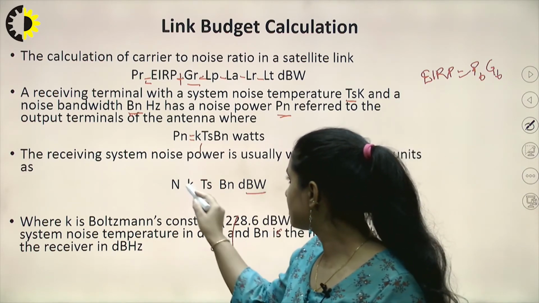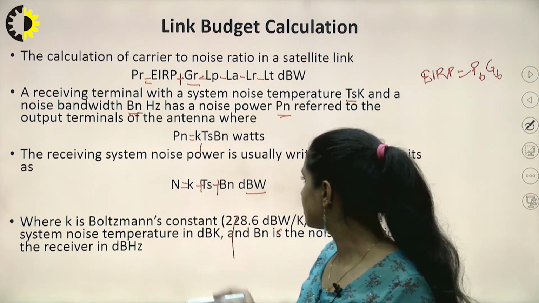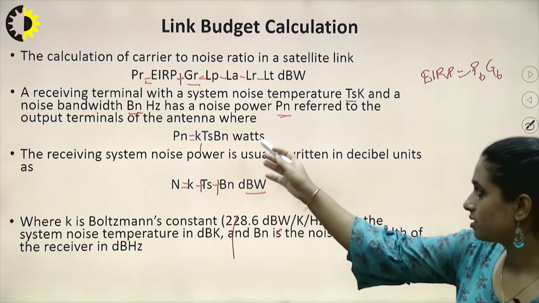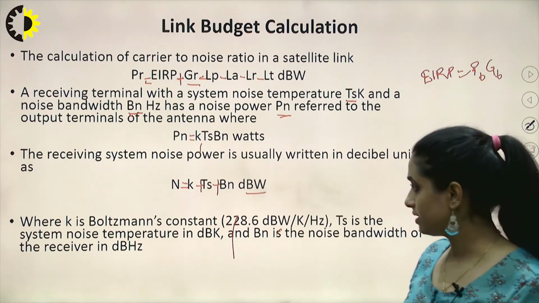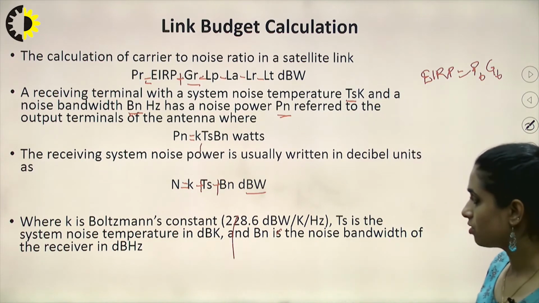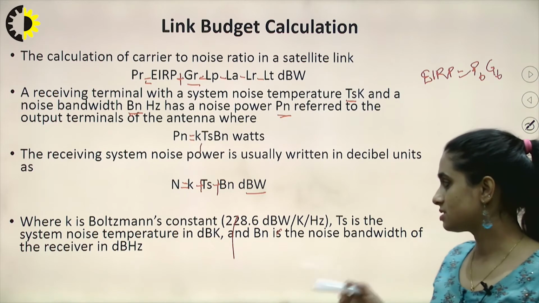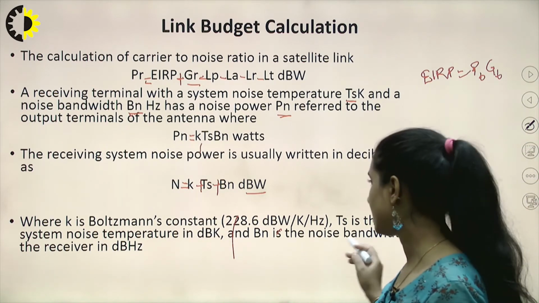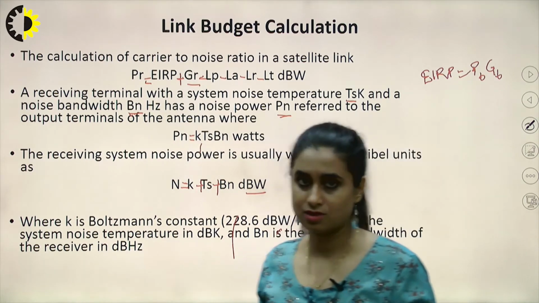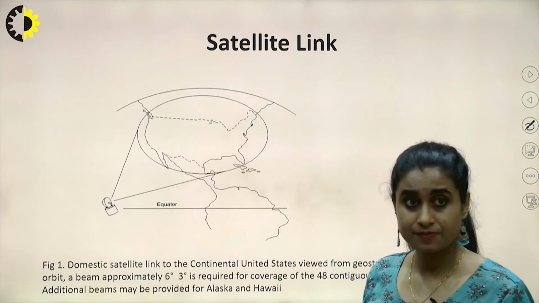And when we do it in decibel watt, we do it like this. Here it was in multiplication, we can write it in addition form. Here k is the Boltzmann constant in decibels, Ts is the system noise temperature in decibel Kelvin, and Bn is the noise bandwidth of the receiver in decibel Hertz.